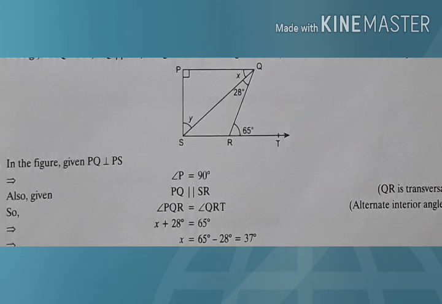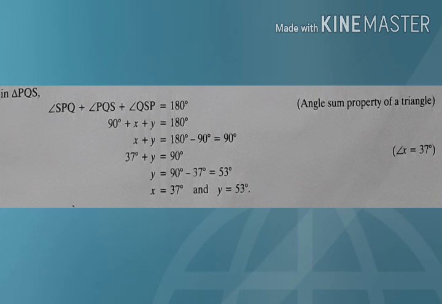There, x plus y plus 90 equals what? 180 degrees, because of the angle sum property of a triangle. Then x plus y equals 180 minus 90, that is equal to 90. So now we got x plus y equals 90 degrees.